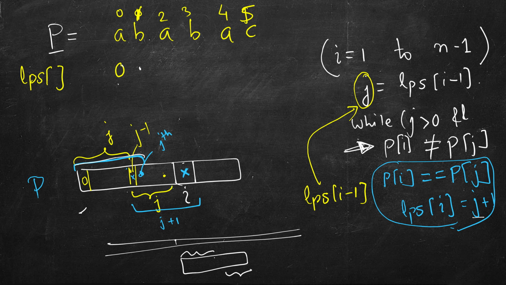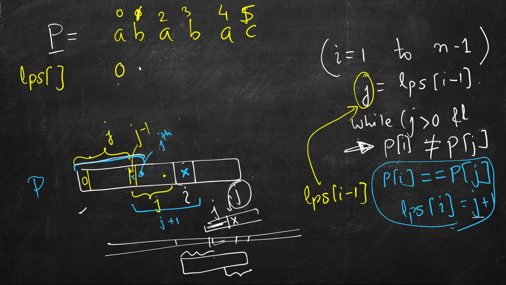This part is the same as this, so when we shift, this will come here, this j. So this will already match with this, so we keep j here at LPS[j minus 1]. So we will start matching from here. This part no need to match, it will be the same here.